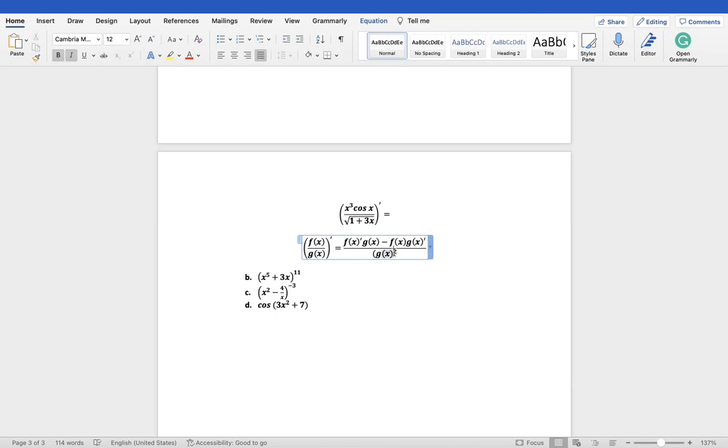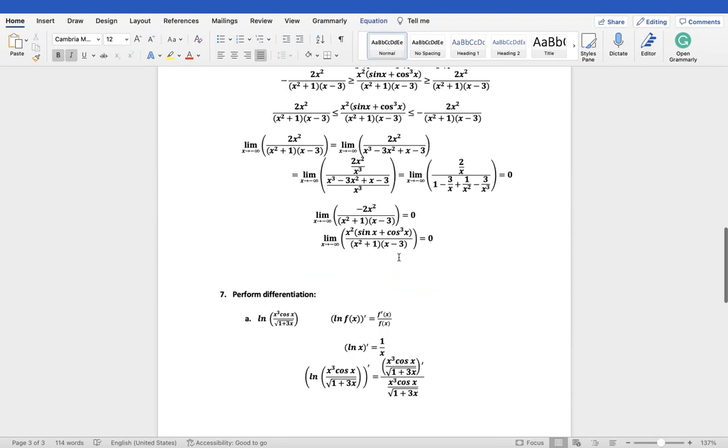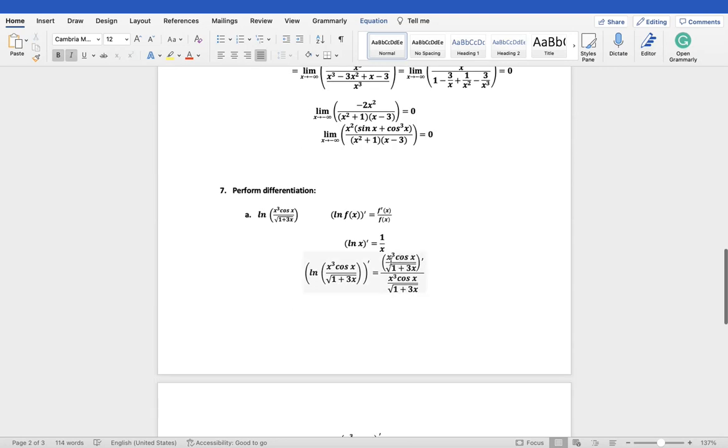So that is the quotient rule of differentiation. You should be familiar with this rule as well. It's called the quotient rule, and it should be in your notes. So you really have to familiarize yourself with all these rules of differentiation, especially for a test or an exam setting.